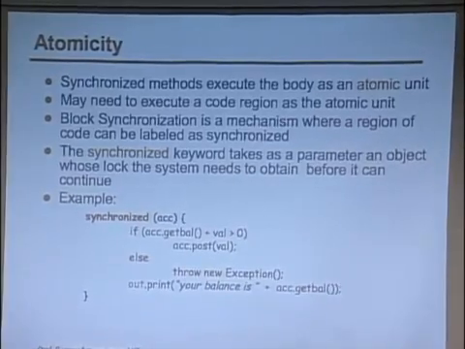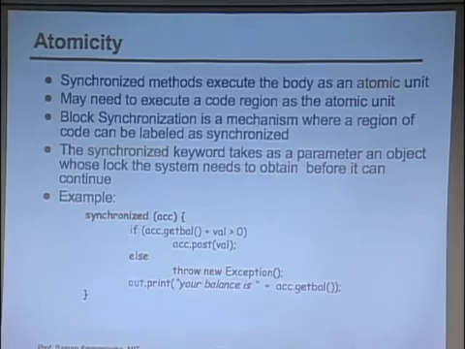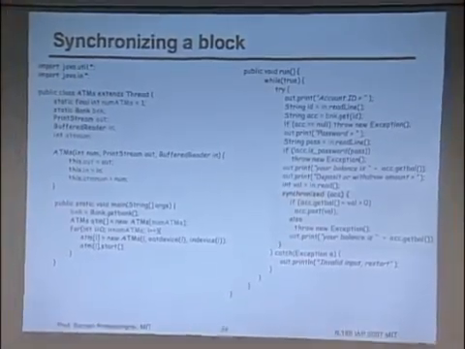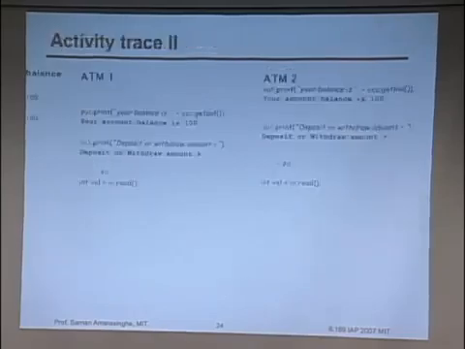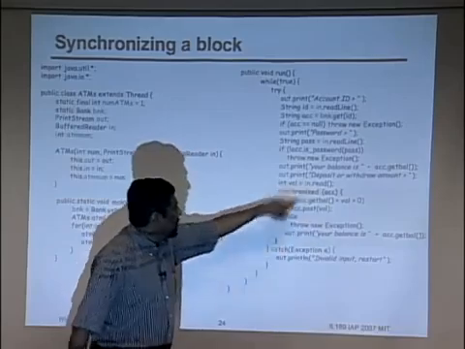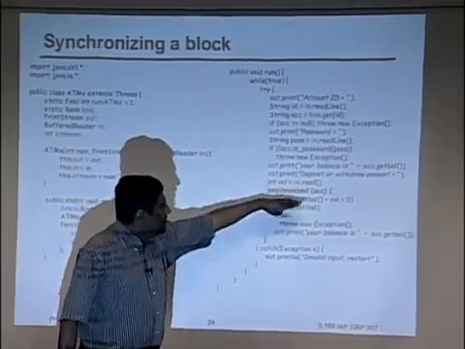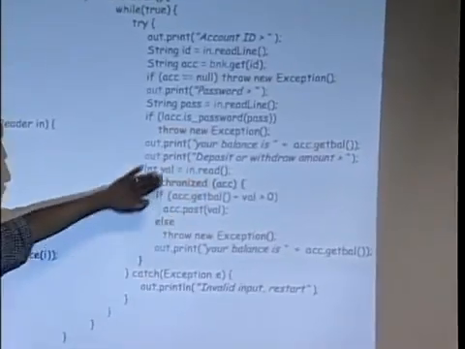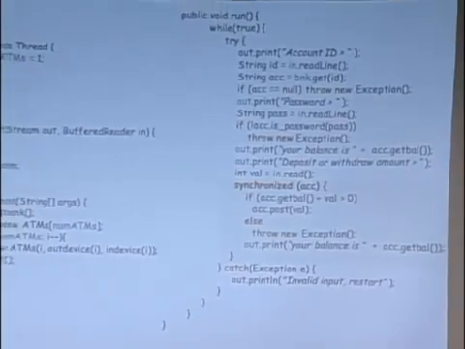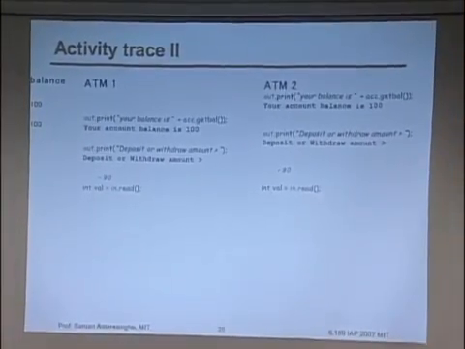So now we have built a bigger atomic unit. Here's the program, and here's the synchronized unit. Instead of this synchronized and this synchronized separately, the whole computation has to be an atomic unit. So when I check and update the balance, nothing else can happen.